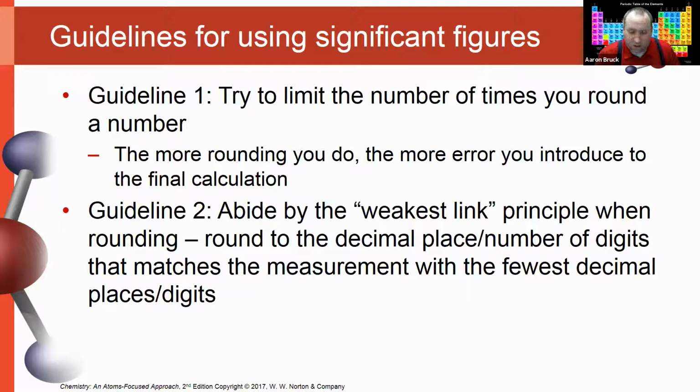First of all, when it comes to rounding in calculations, try your best not to do so until the very end. Limit the number of times you have to round a number, because every time you round a number off, you're introducing a little bit of error. So if you had a 4-step calculation, and every step along the way you're rounding off the number, in those 4 steps you're doing 4 different roundings.